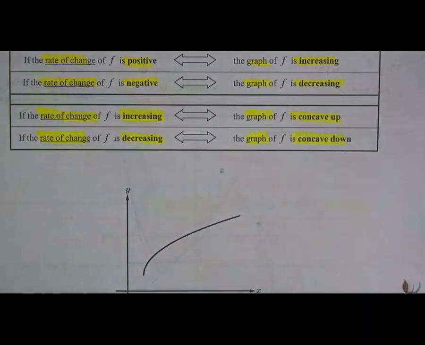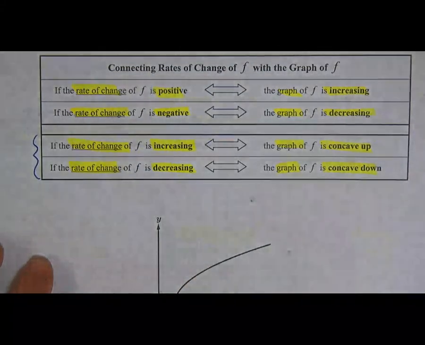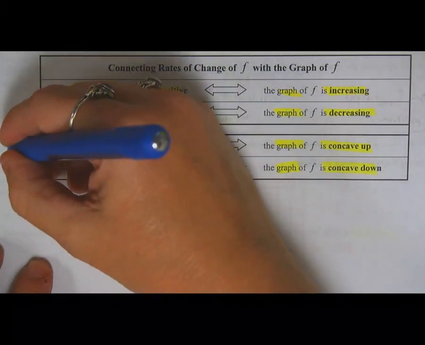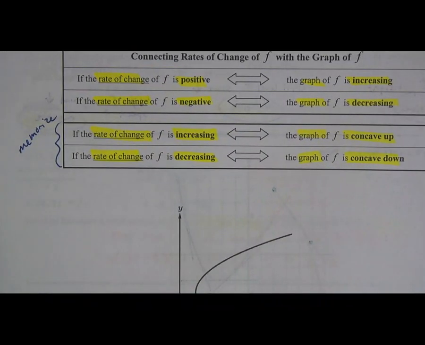The graph is going to be concave down. If you're a memorizer, memorize these. But you're going to find that you have an easier time in a course like this when you're not just a memorizer and you truly understand the concept. So I can throw any sort of critical thinking question at you and you really understand it instead of just regurgitating this little table.